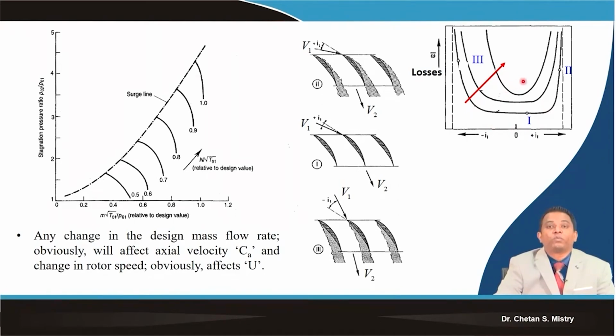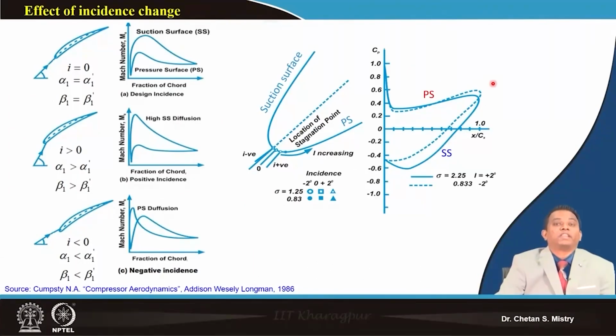But when I am moving towards the other conditions, the operating range is decreasing in that particular sense. Okay, so this is very important for us to understand the meaning of change of incidence angle. Now let's try to understand that with the change of Mach number on the surface.